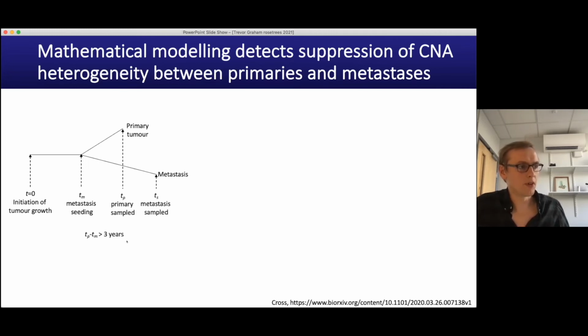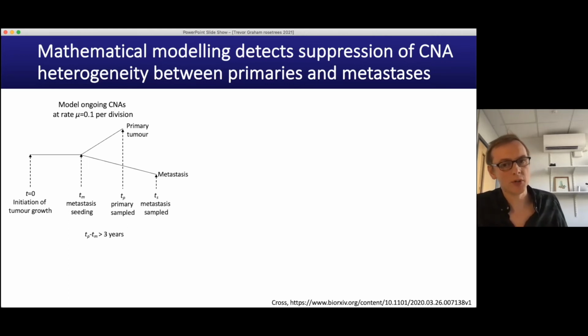From other work from Christina Curtis in Stanford, we expect that metastases seed early, so this time is probably at least 3 years here. We also measure in our single cell sequencing what we think the copy number alteration rate is, and it's really high when we look in single cell sequencing, 1 new alteration per 10 divisions.